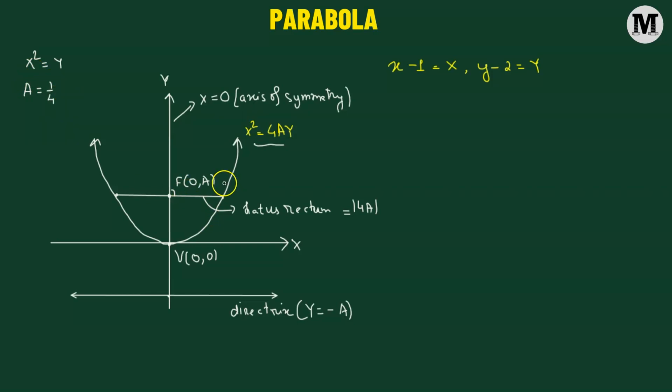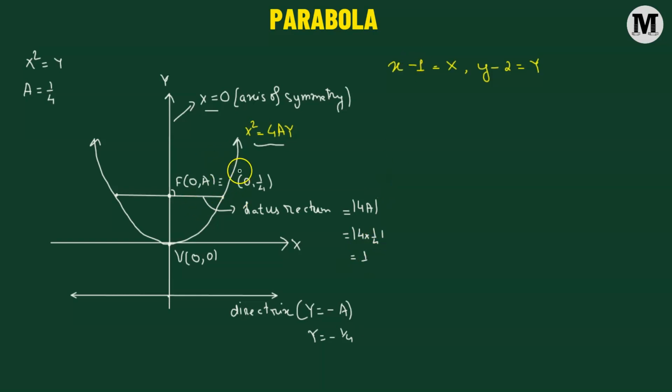That means the focus of the parabola is 0, 1 over 4. Then the vertex will be at 0, 0. The equation of the directrix will be Y equals negative 1 over 4. The axis of symmetry equation will be X equals 0. The length of the latus rectum will be the absolute value of 4 multiplied by 1 over 4, so the length of the latus rectum will be equal to 1.